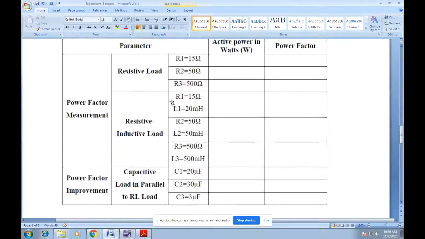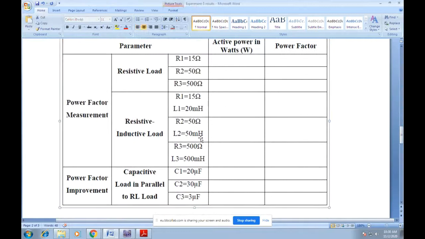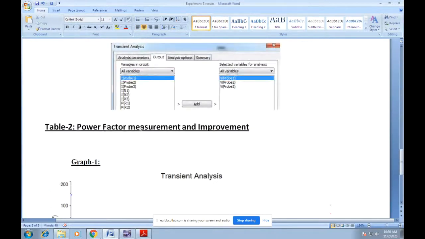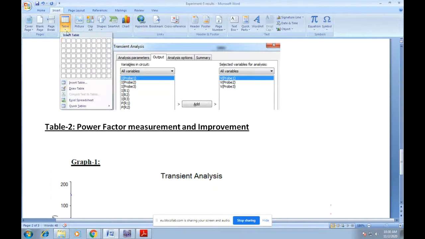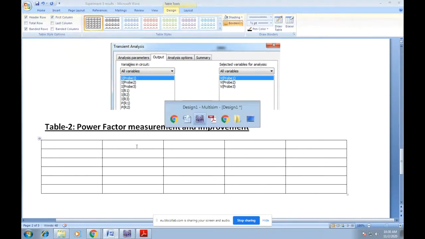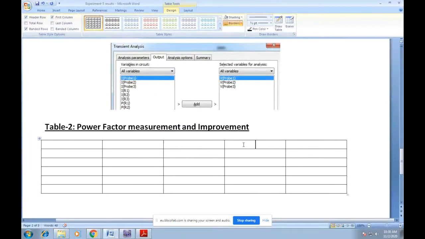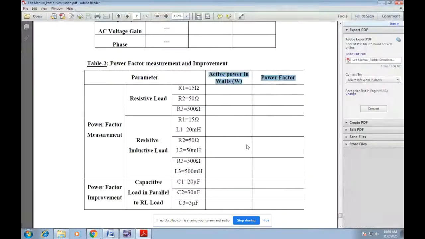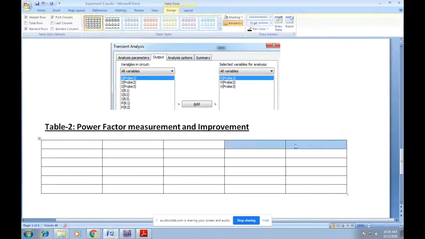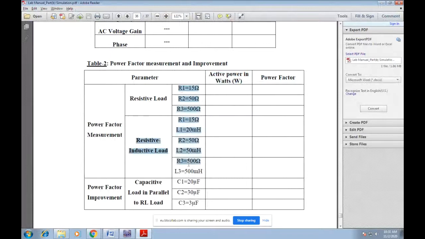So for table number 2, we have to add a resistor. So let me remove this, and insert a table. Let me complete the table, then it will be easy for us to solve the things.